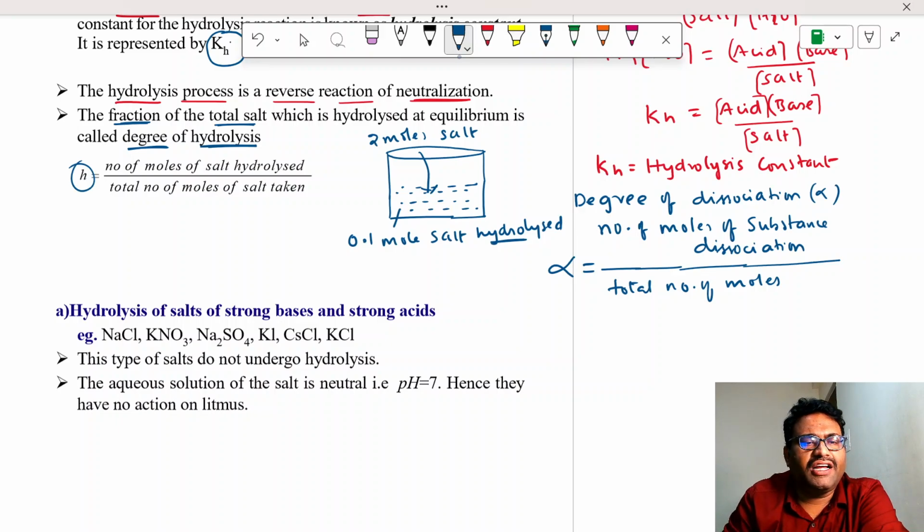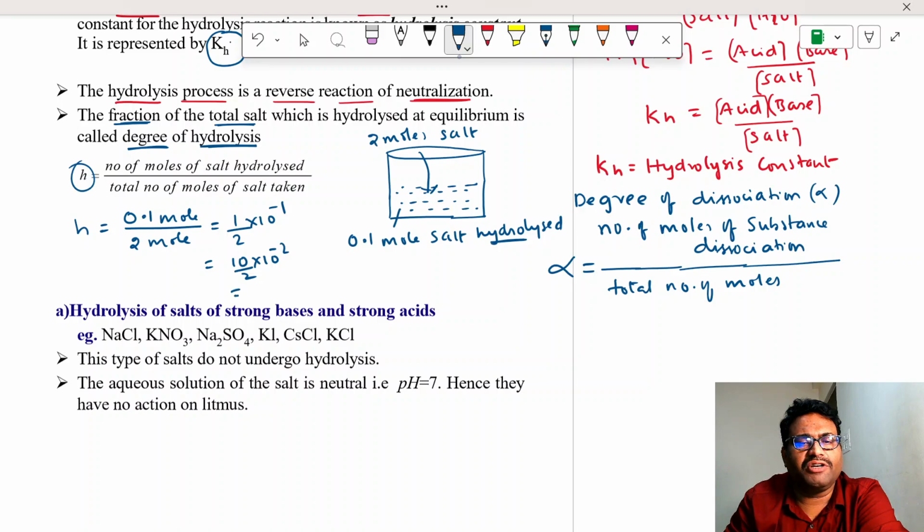Then what do you write? h is equal to how many moles hydrolyzed? 0.1 mole hydrolyzed by total number of moles. How many moles have you kept into this water? 2 moles. Then what do you get? That is equal to 1 by 2 into 10 power minus 1. This can be written as 10 into 10 power minus 2 by 2, that is equal to 5 into 10 power minus 2.